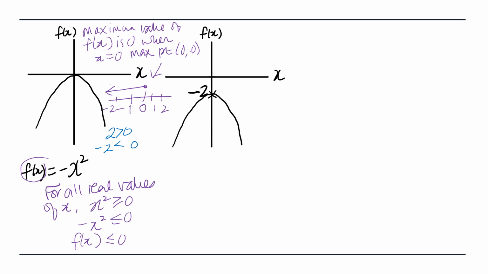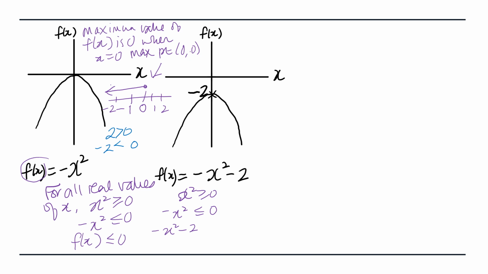Okay, so your second curve, the function will be f(x) equals negative x squared minus 2. Similarly, we start off by saying for all real values of x, x squared is greater than or equal to 0. Therefore, negative x squared will be less than or equal to 0. I'm going to subtract 2 from both sides.